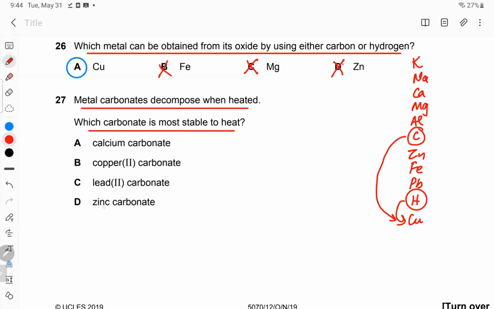So out of these four, calcium, copper, lead, and zinc, calcium is the most reactive one, copper is the least reactive one, lead is even less reactive than zinc, and zinc is even less reactive than calcium. So calcium carbonate is most stable to heat out of these compounds. Is it understandable to everyone? Yes, sir.